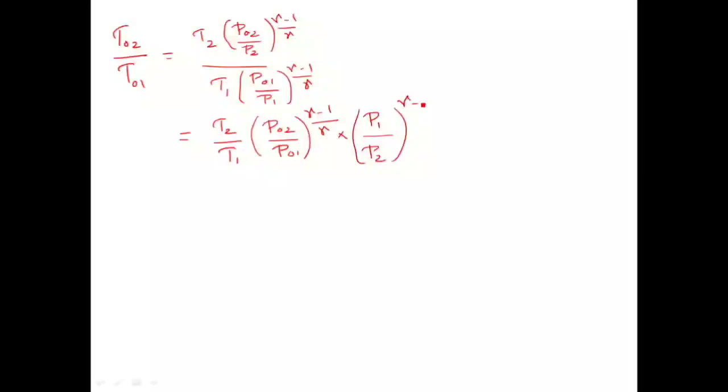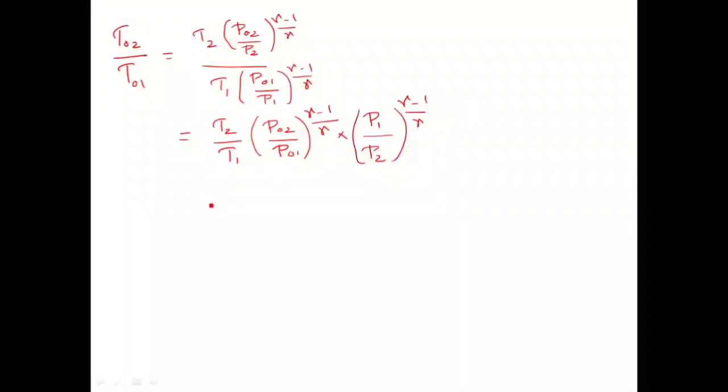So the equation can be written as T2 by T1 into P02 by P01 all raised to gamma minus 1 by gamma into P1 by P2 all raised to gamma minus 1 by gamma.